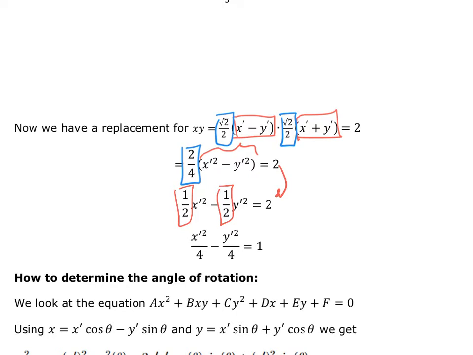On the next step, from here to here, I just multiplied everything by 2 to get rid of my fractions. When I multiply everything by 2, I'm going to get x prime squared minus y prime squared is equal to 4. And then I divide each term by 4 to get it into standard form.